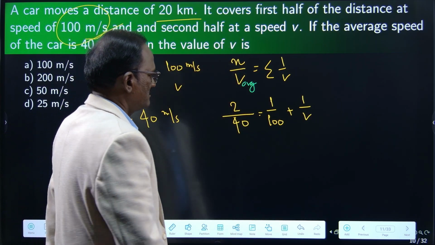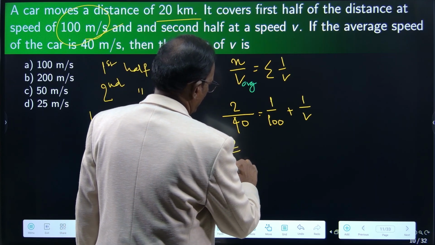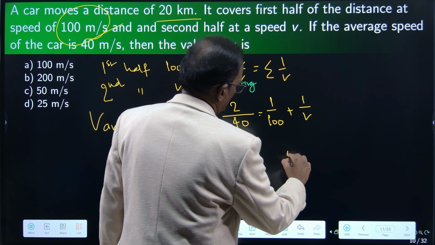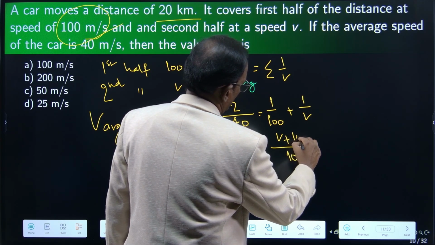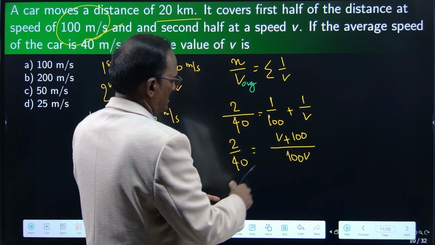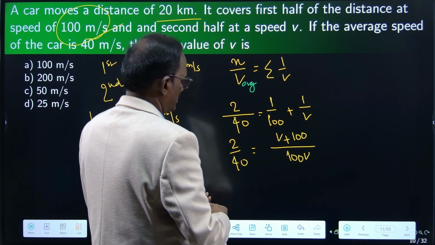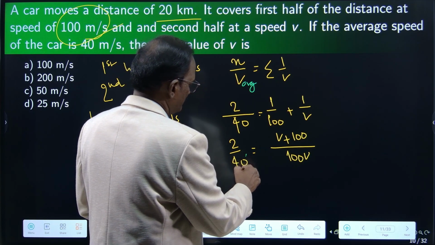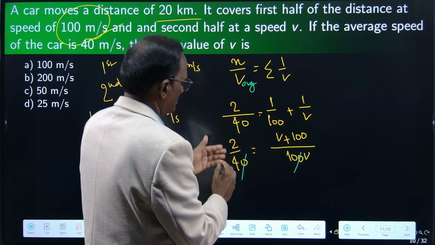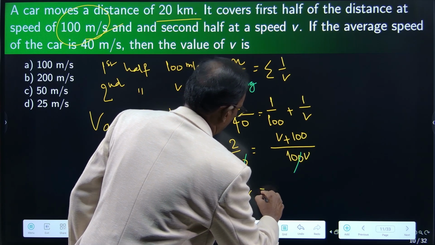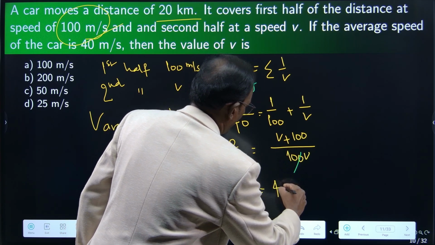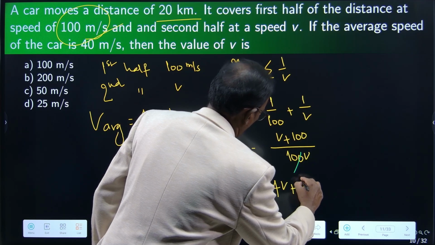So 2 by 40 is equal to (v plus 100) by 100 v. 1 0 I can remove. So this is 2 into 10 v. 20 v is equal to 4 v plus 400.